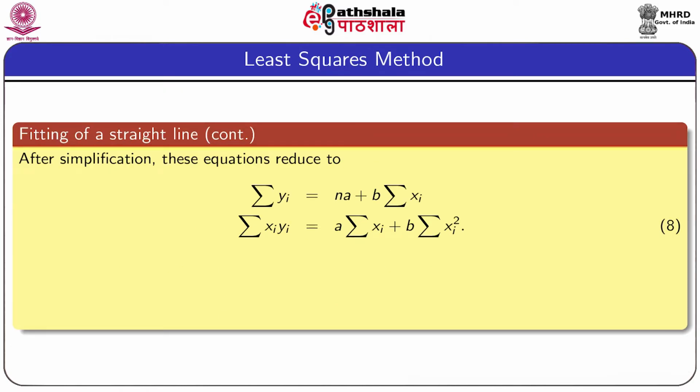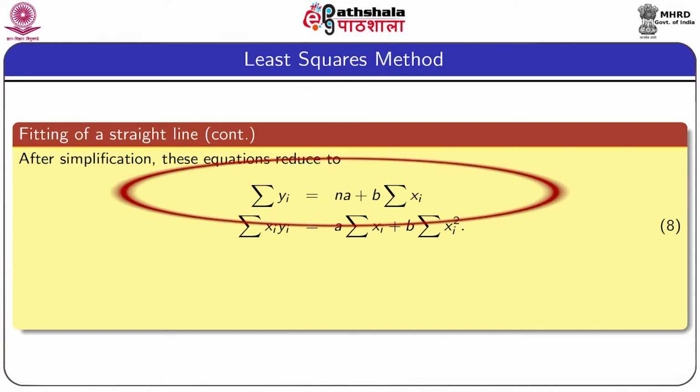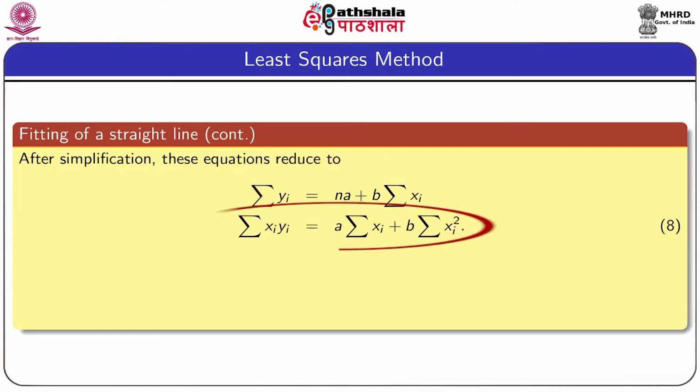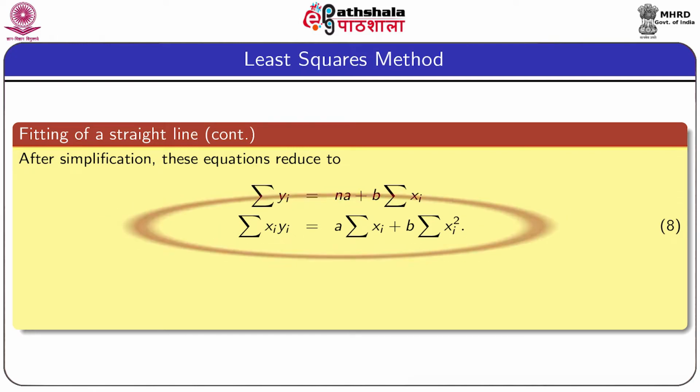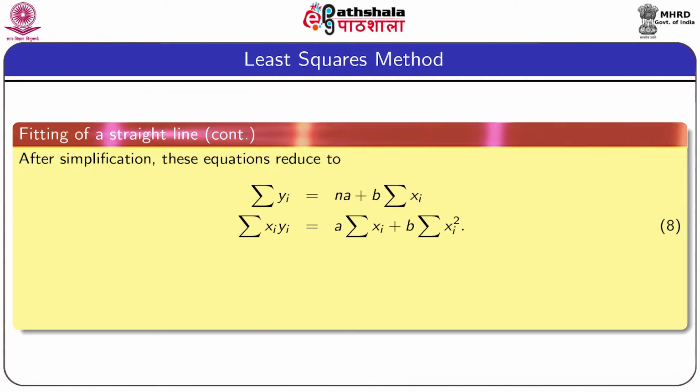Now after simplification, these two equations reduce to summation yi equal to na plus b into summation xi. The second equation is simplified as summation xi yi equal to a into summation xi plus b summation xi square.